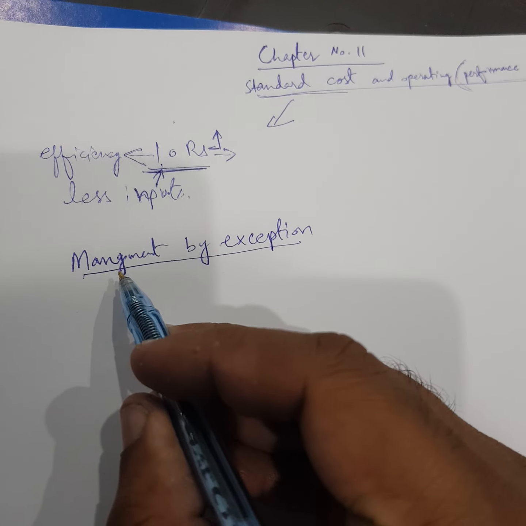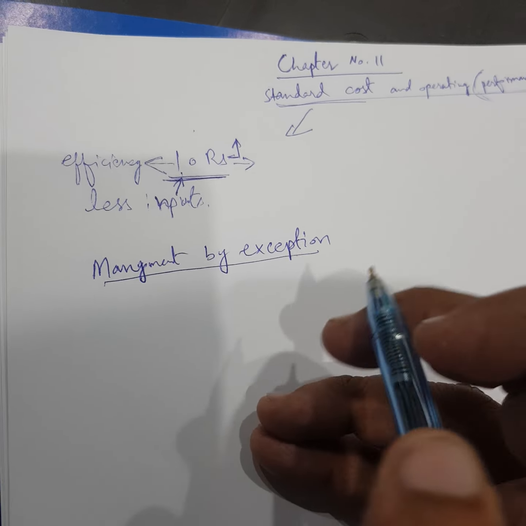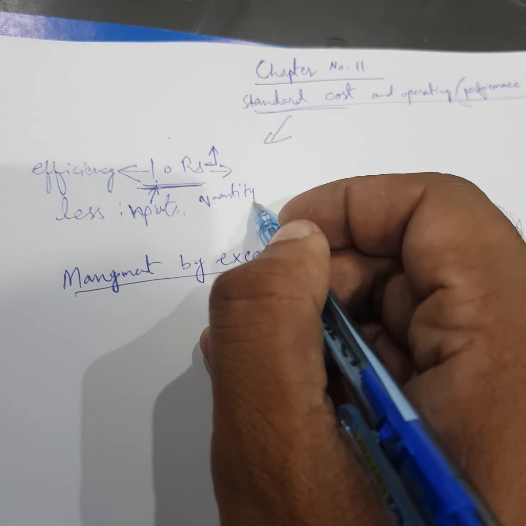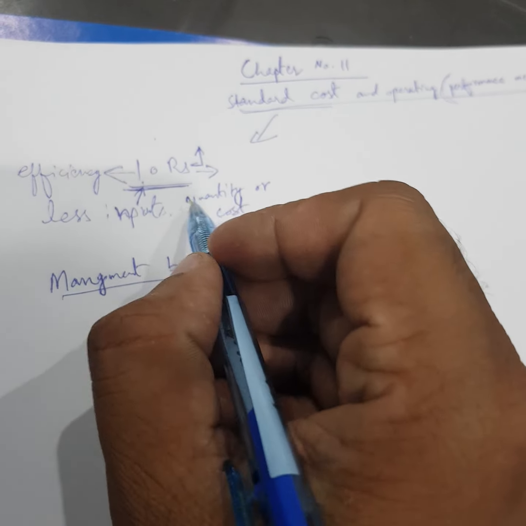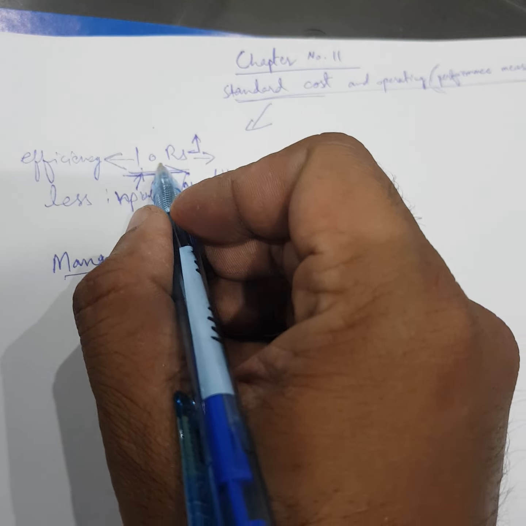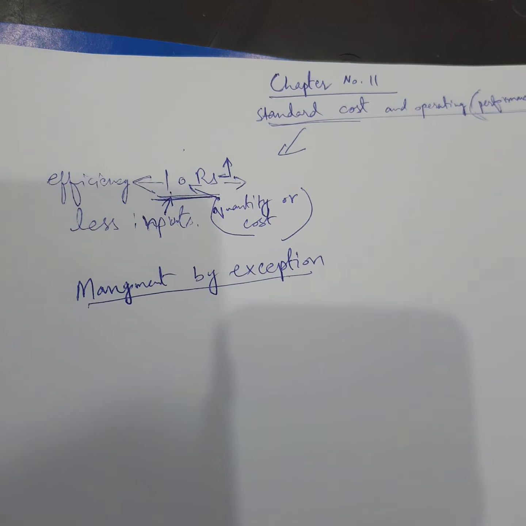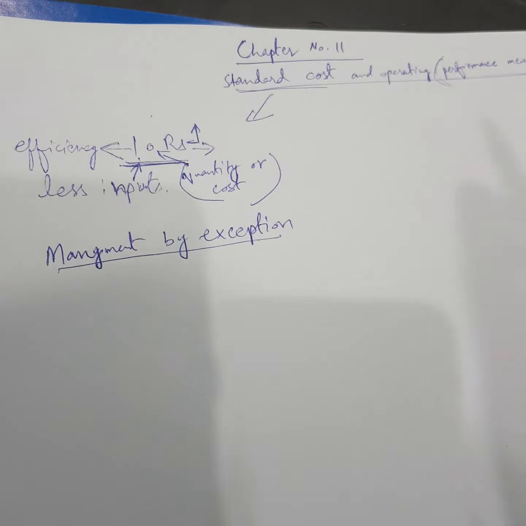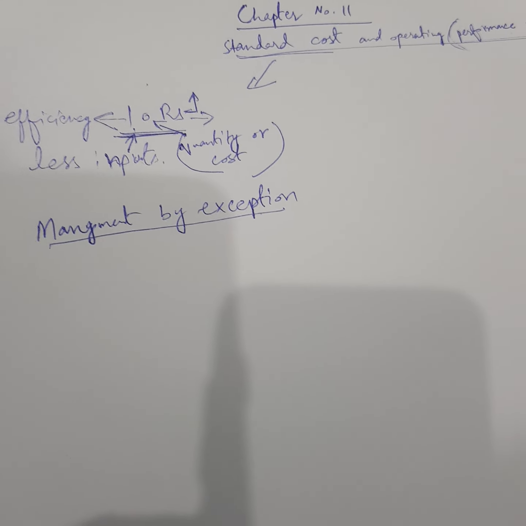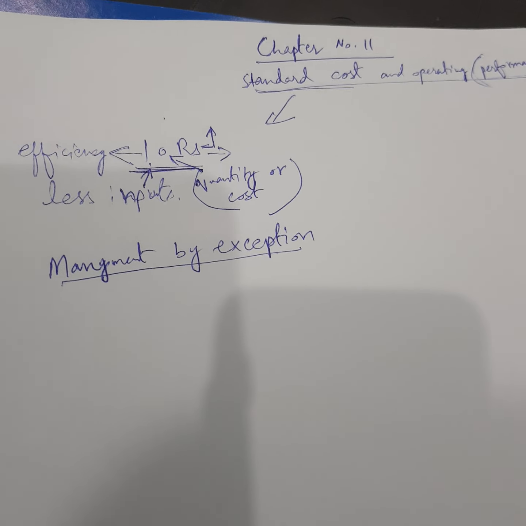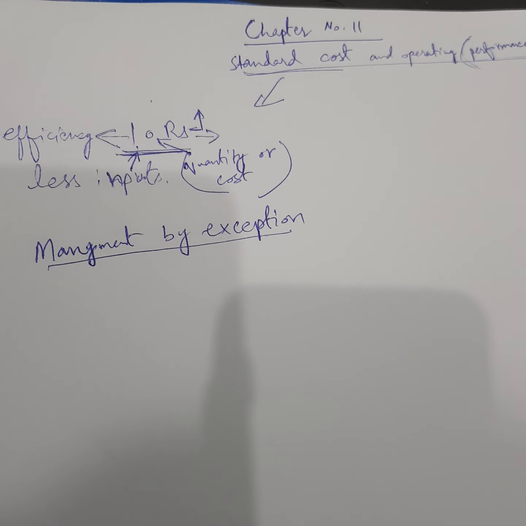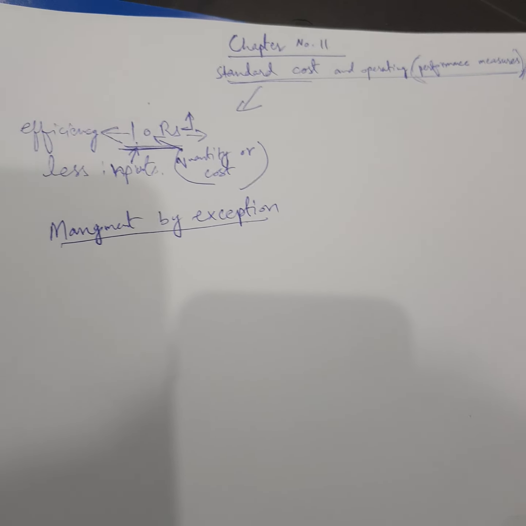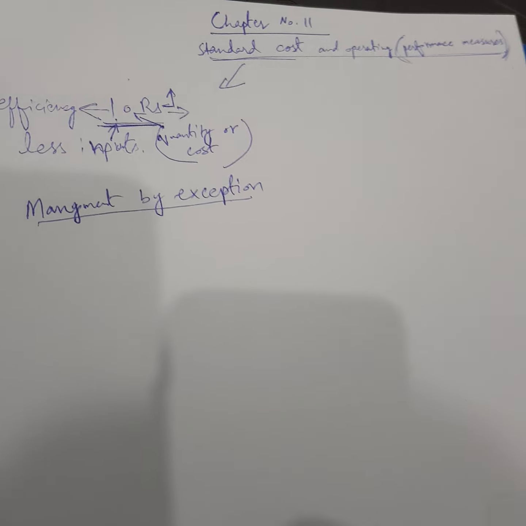This process is called management by exception. Our quantity or cost should not exceed the amount of 10 rupees. If it exceeds, then the manager will take corrective actions. He will find out the problem, and by using his skills he will eliminate it.